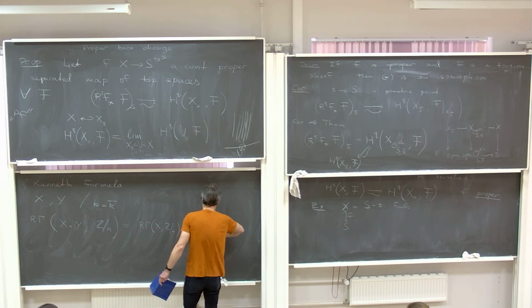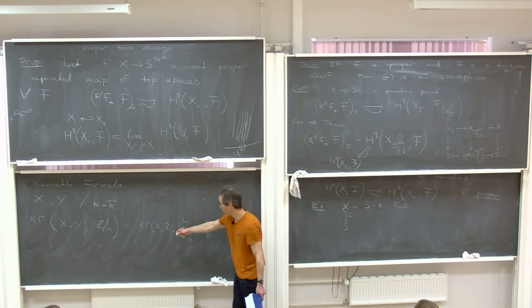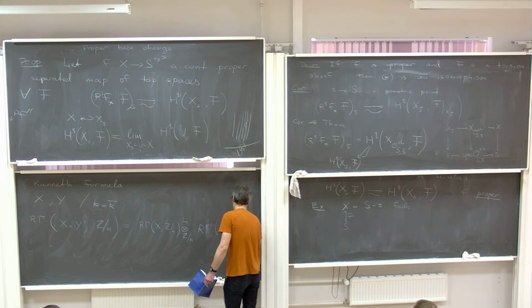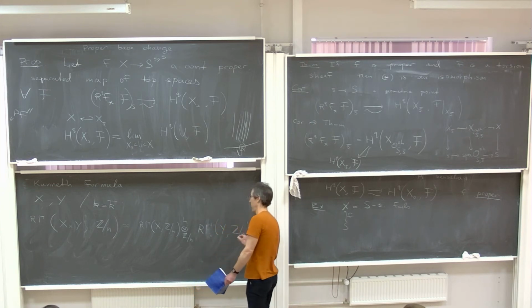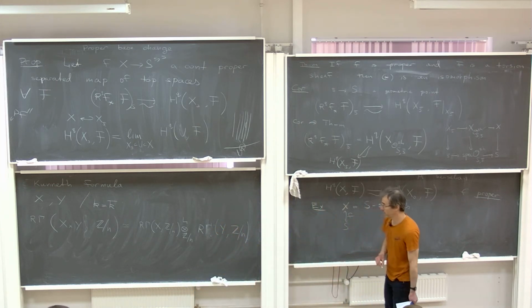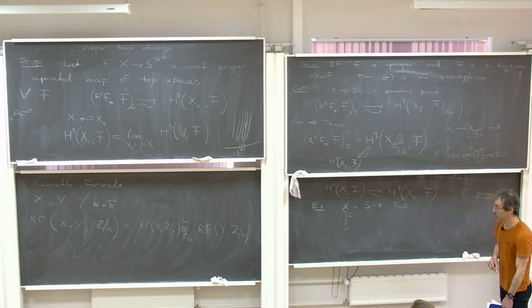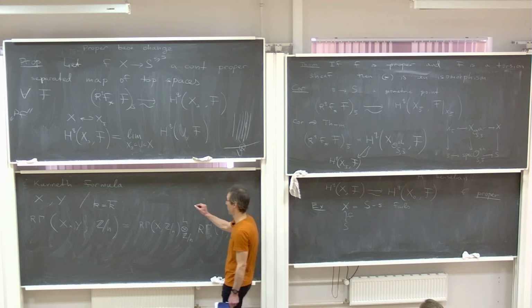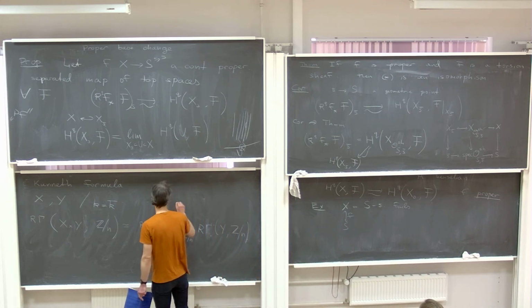I am forced to take the derived tensor product because this is well defined only up to quasi-isomorphism anyway. So that's the assertion. Unfortunately, this assertion is false unless you assume that X or Y is proper.